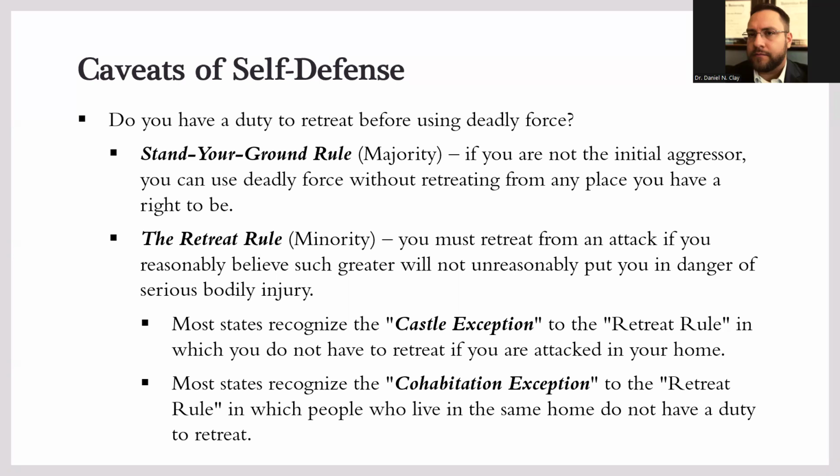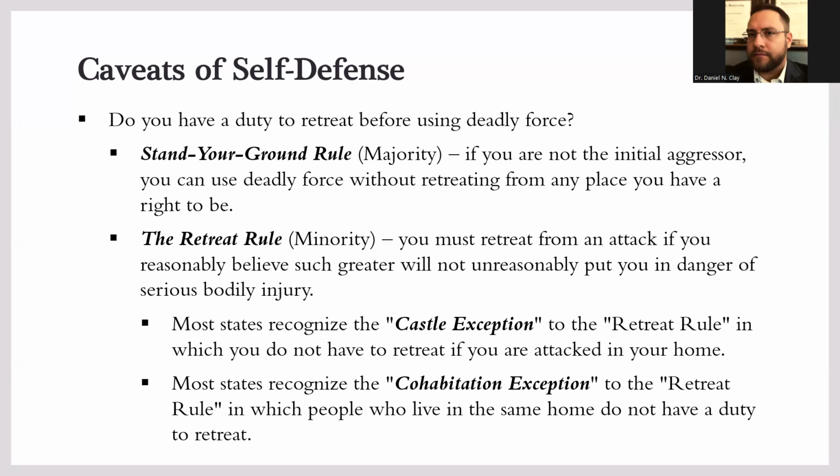Now, the question then comes up is, what about this retreat rule and people you live with? What if you get attacked by somebody, it's their home too, right? Most states, but again, not all, say that you don't have to retreat. It's called the cohabitation exception. So if you live with somebody, both of you call your house your home, do you have to run away?